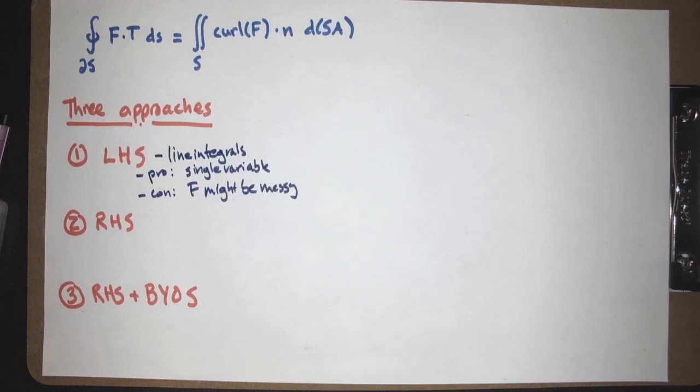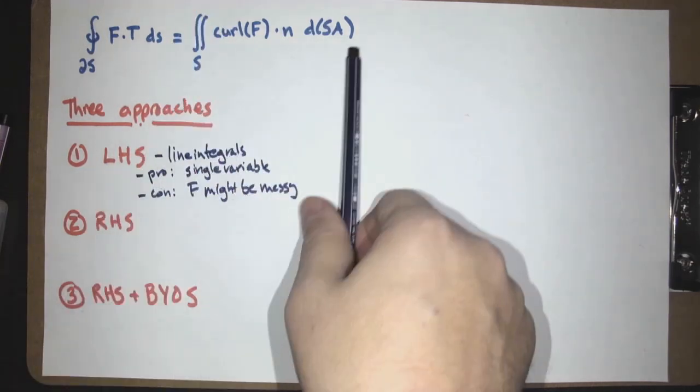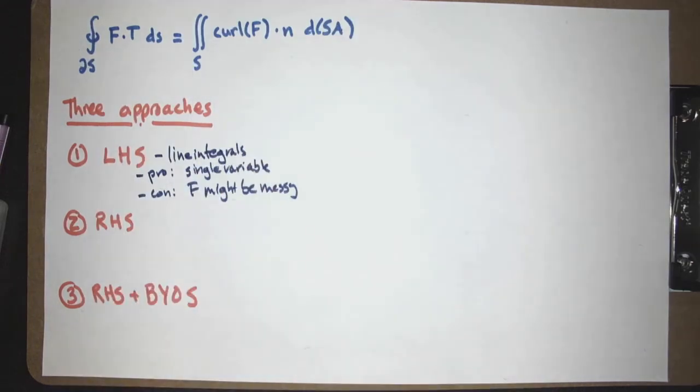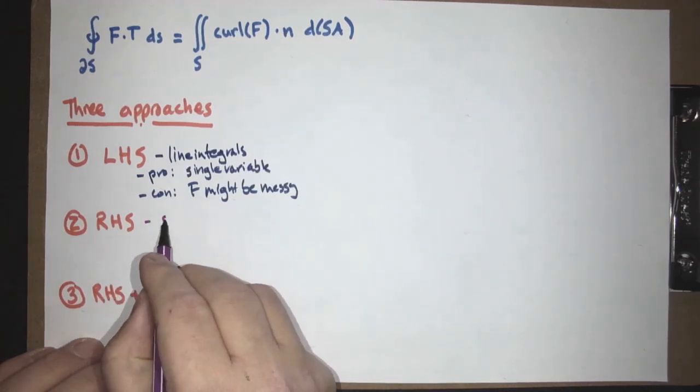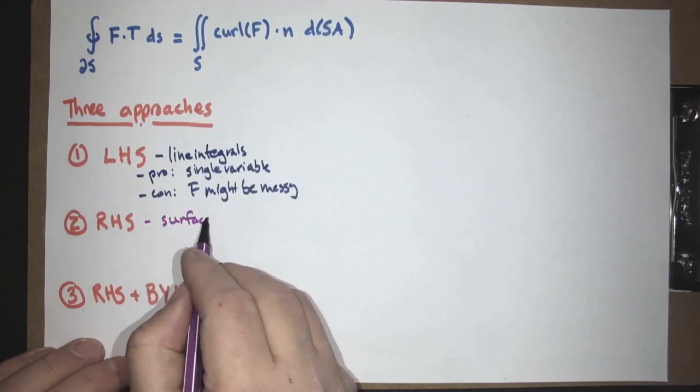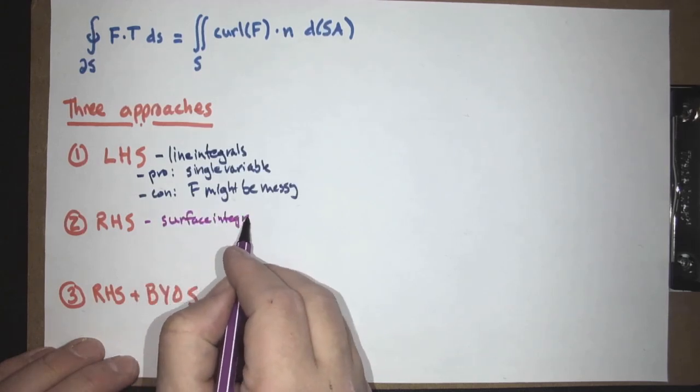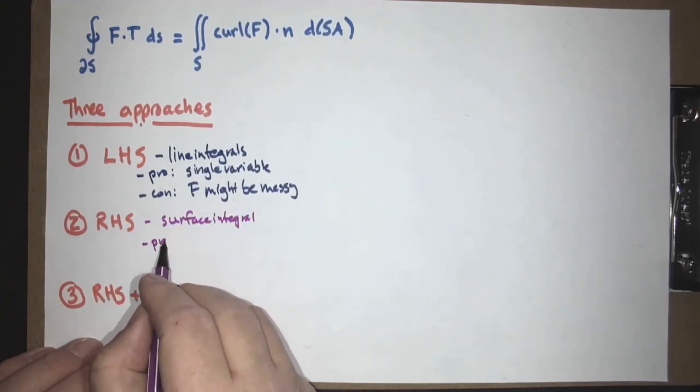Okay, what about the right-hand side? You have this side. Curl of F dot N dS. Well, what are you doing on that side? It's a surface integral. Is there any advantage to this?